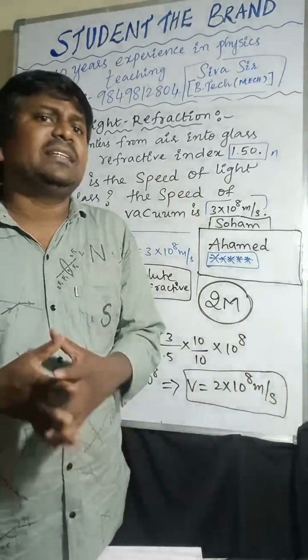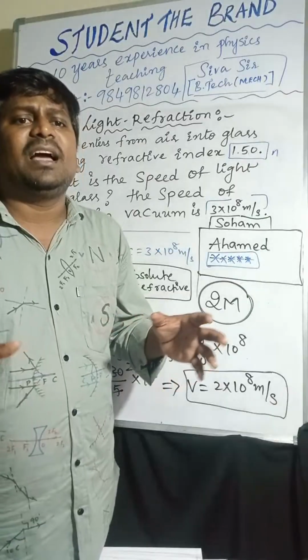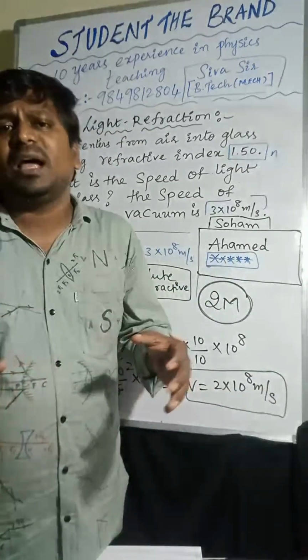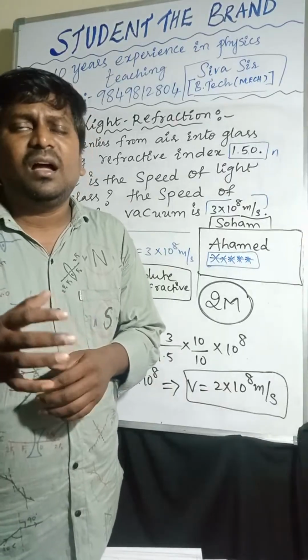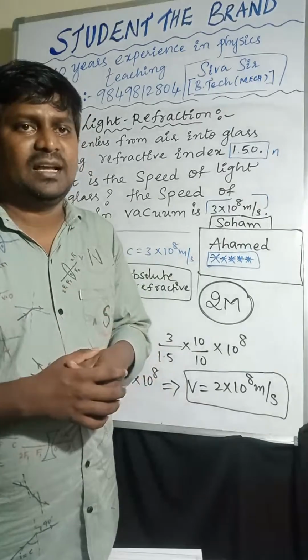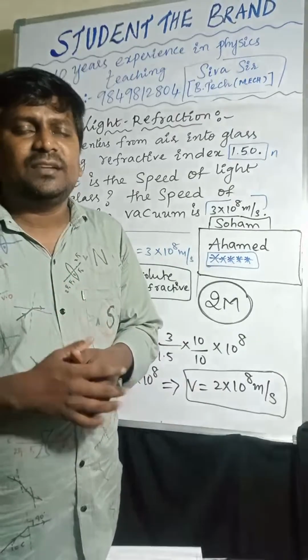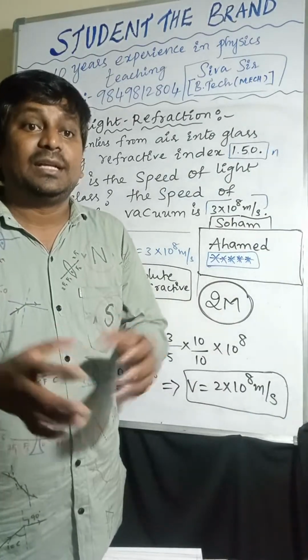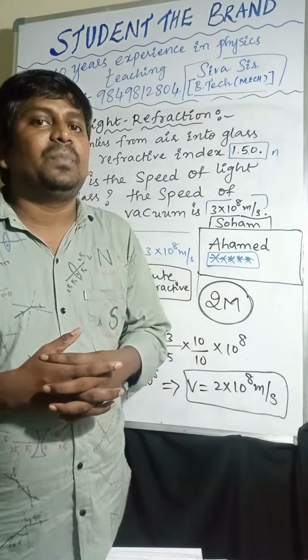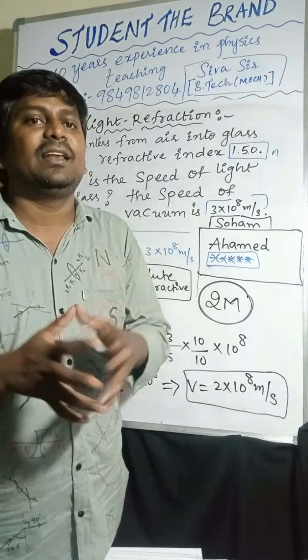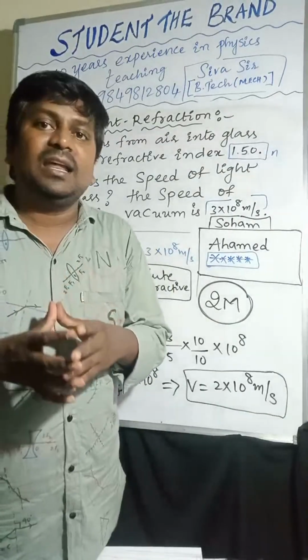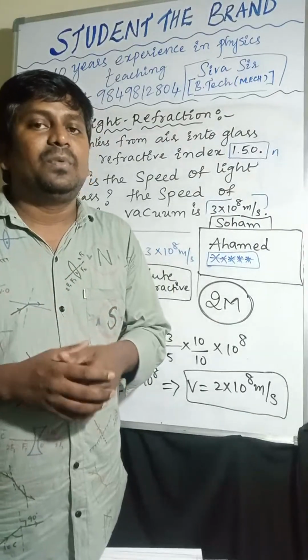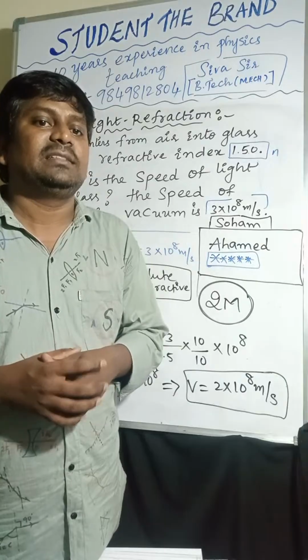New Cartesian sign convention. All distances measured from the pole. Distance positive along the incident rays. Distance negative opposite to incident rays.